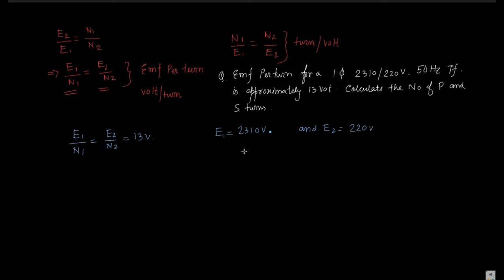This is the primary side induced EMF and this is the secondary side induced EMF. So you can say that E1 by N1 is equal to 13. So 2310 by 13 will give you N1, and 220 by 13 will give you N2. These are the number of turns in the primary side and the secondary side.